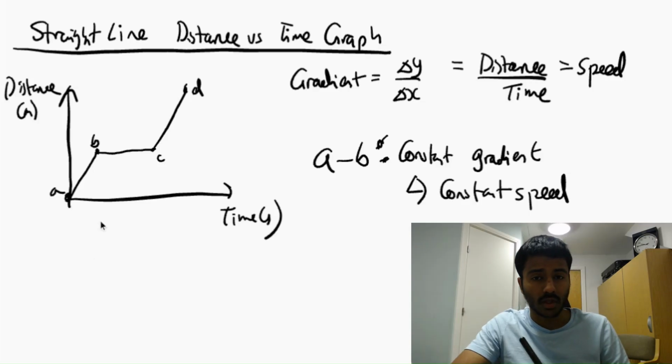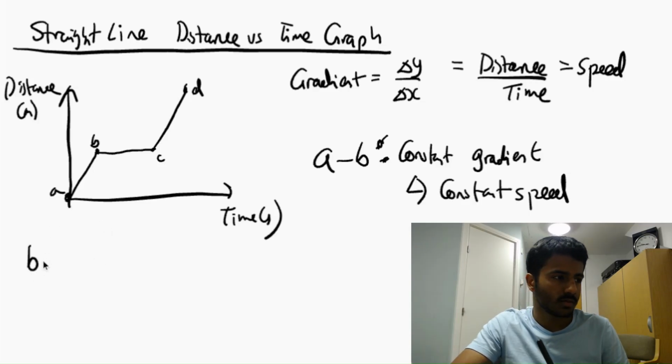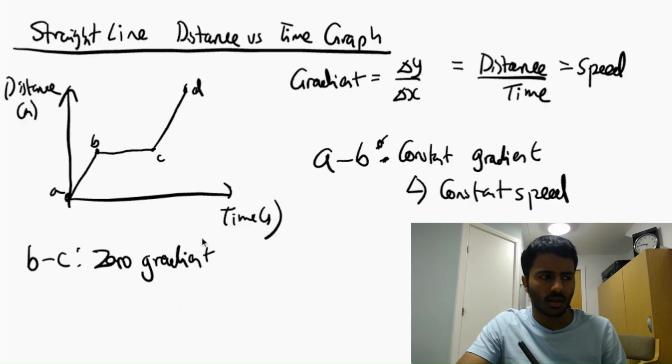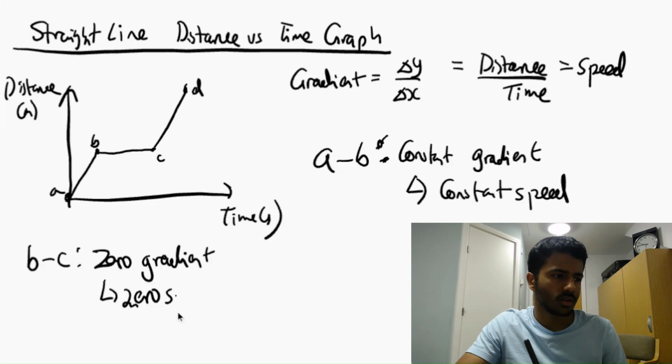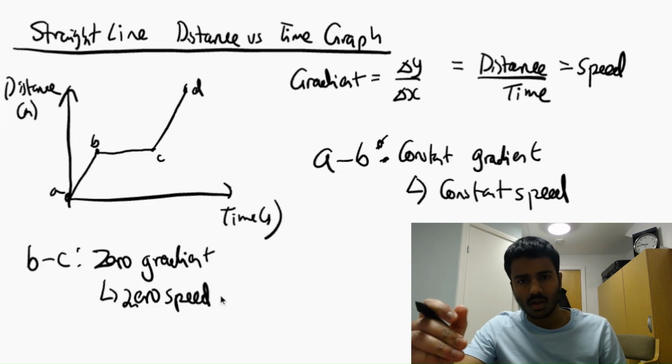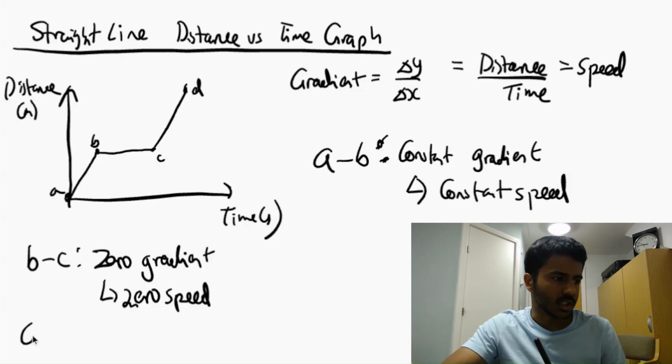You can see between points B and C, you have zero gradient. So that means that you have zero speed. In other words, you're not moving. And then from point C to D, you can see once again you have constant speed.